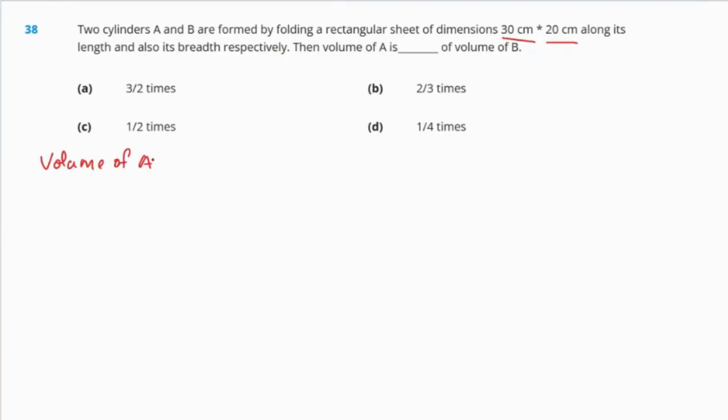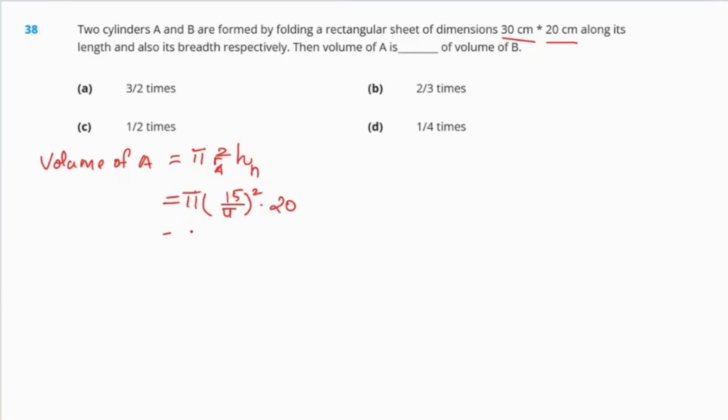Volume of cylinder A is equal to pi r square h. This is the formula to find the volume of a cylinder. With radius RA and height HA, it is equal to pi into (15 by pi) whole square into height 20.